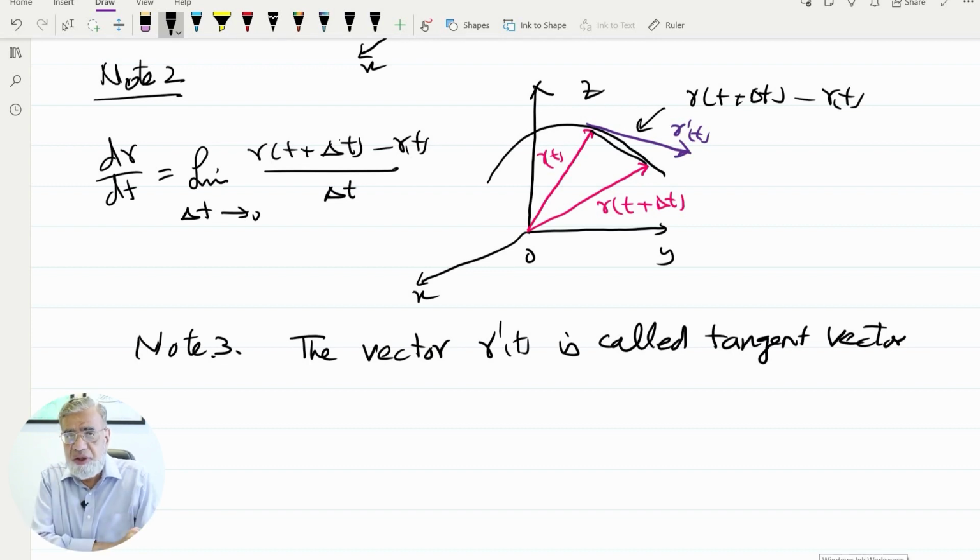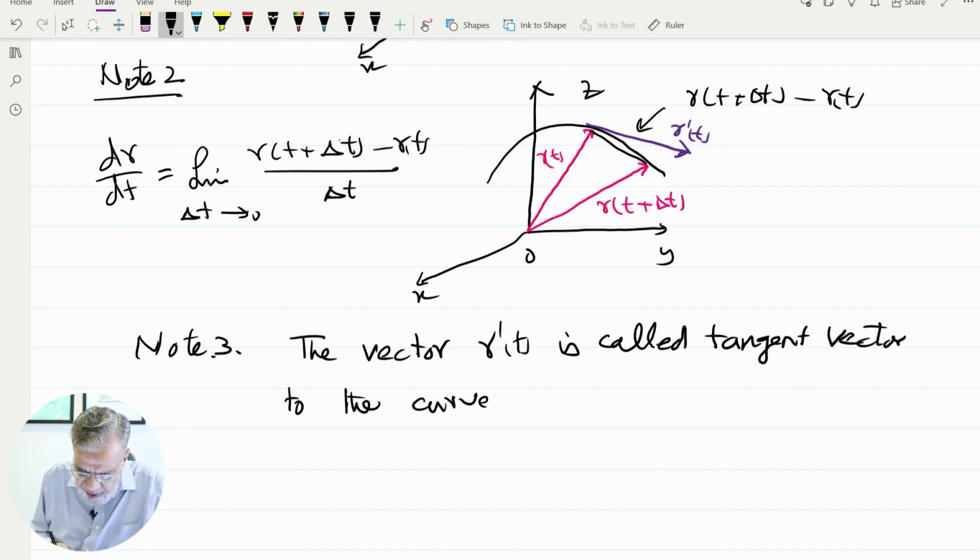We have the vectorial function, but this r dash of t will be tangent to the curve at any point P of the curve. I take this as point P, and this point as point Q. So when delta t tends to 0, our point Q moves to point P.